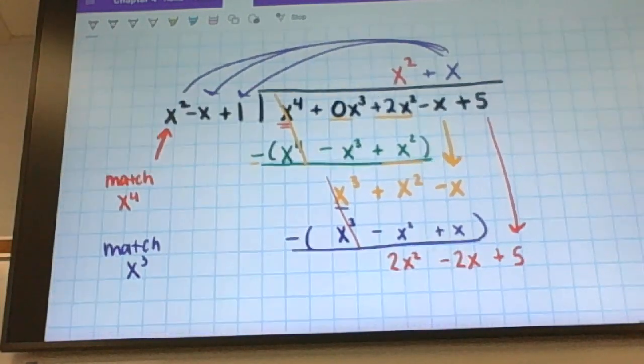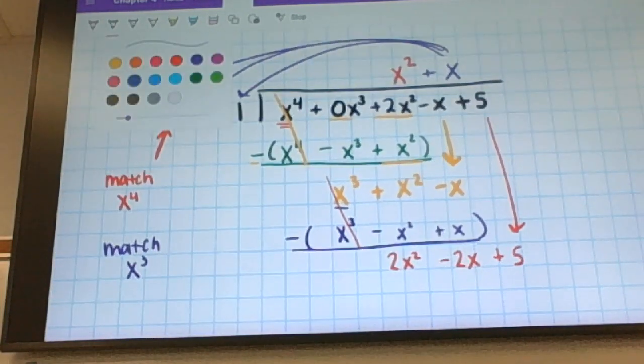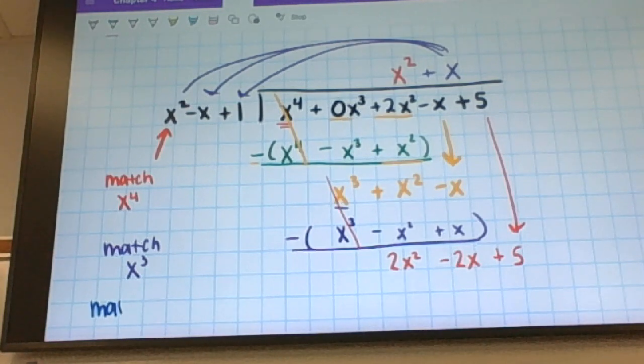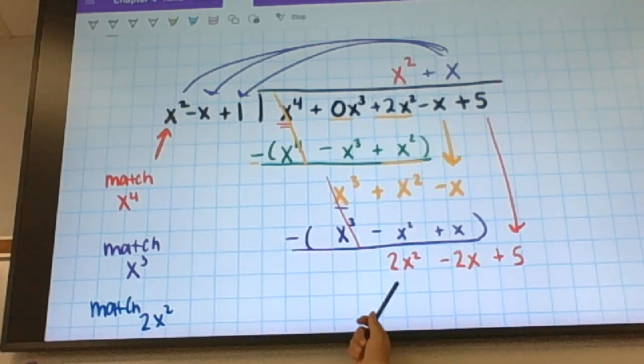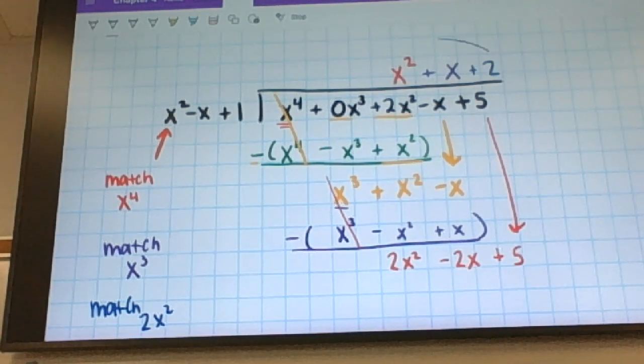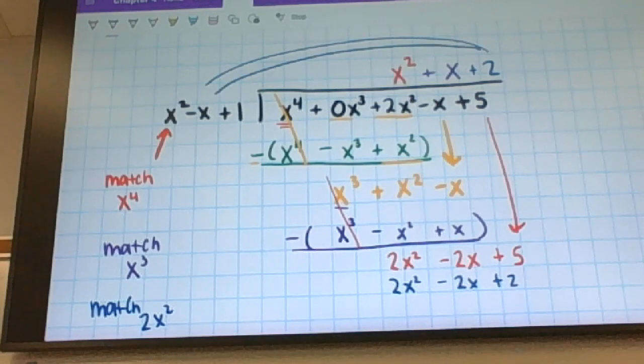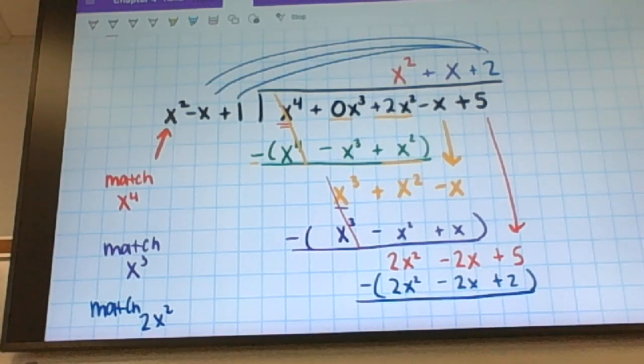This time we'll have to match 2x squared. It's already x squared and I want it to look just like this, so it really just needs a 2 in front. Distribute down. Subtraction.